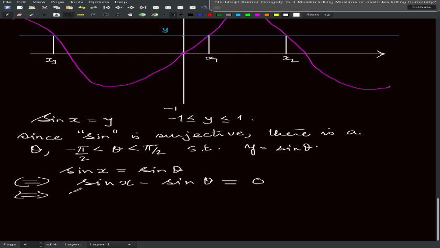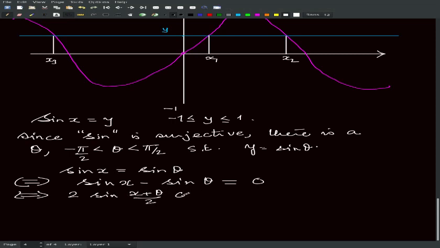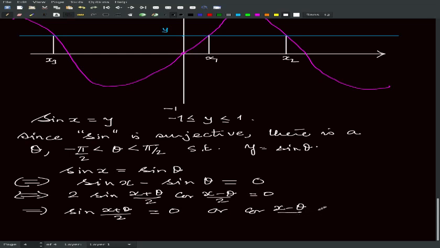So this means 2 sine of (x plus theta) by 2 and cos of (x minus theta) by 2 is 0. So this means either sine of (x plus theta) by 2 is 0 or cos of (x minus theta) by 2 is 0. So this we know.